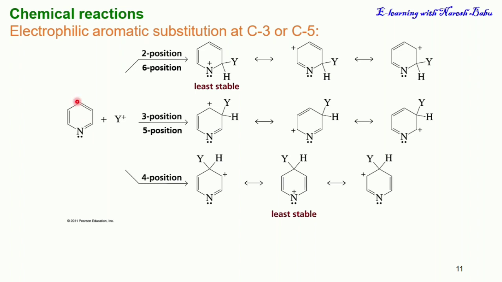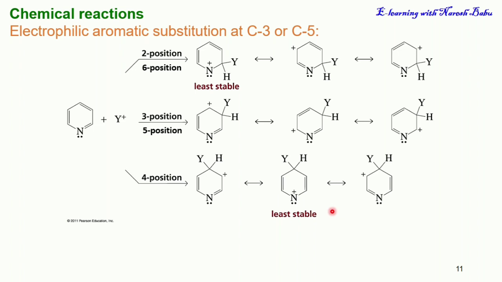In the fourth position, where electrophilic substitution takes place, again we can see the positive charge coming onto the nitrogen and the least stable form is formed. So among the second, fourth and sixth positions, least stable forms are formed. Substitution always takes place where it gives more stability.